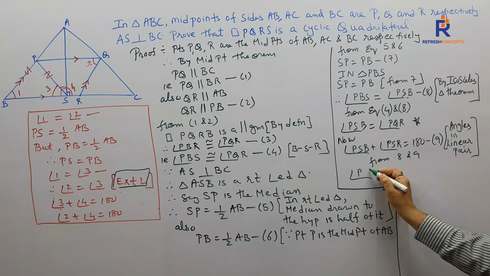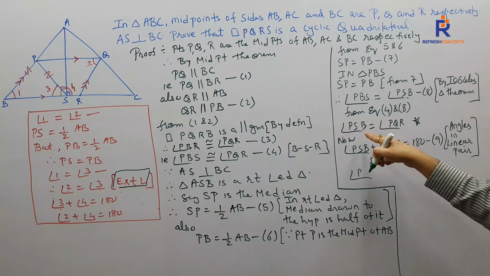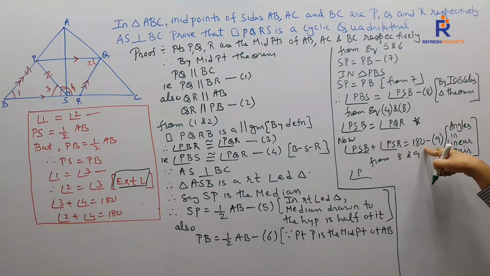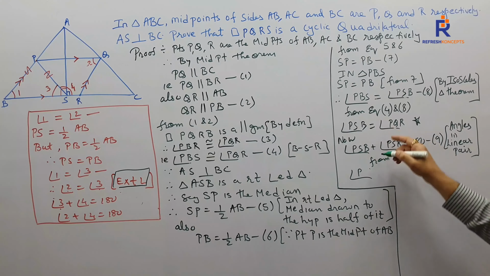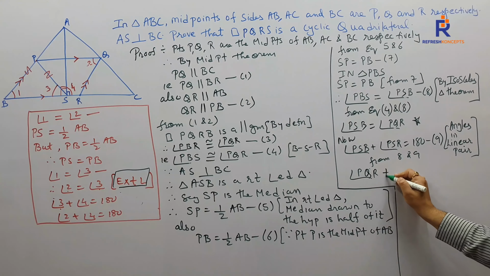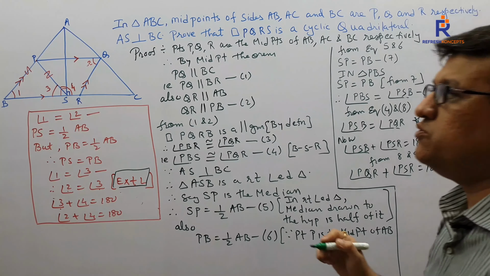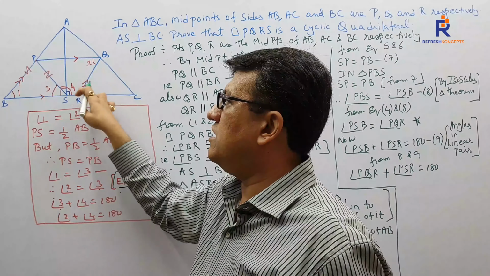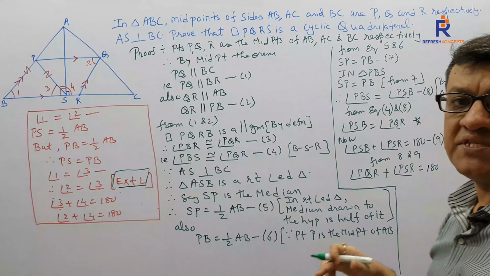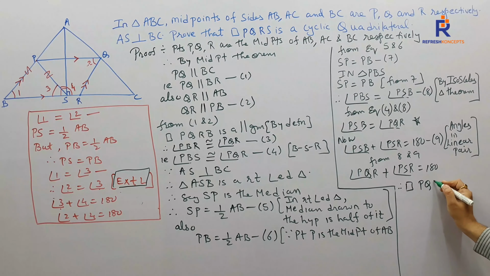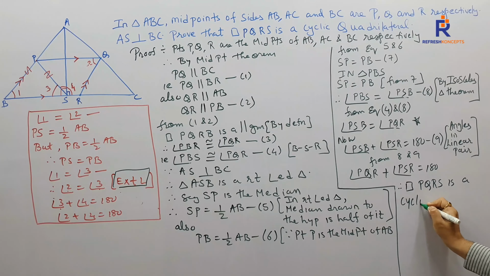PSB is PQR, and PSB plus PSR is 180. Instead of writing PSB, can I say PQR plus PSR is 180? Check, where is PQR? PQR, PSR. Are they forming opposite angles? Therefore, quadrilateral PQRS is a cyclic quadrilateral.